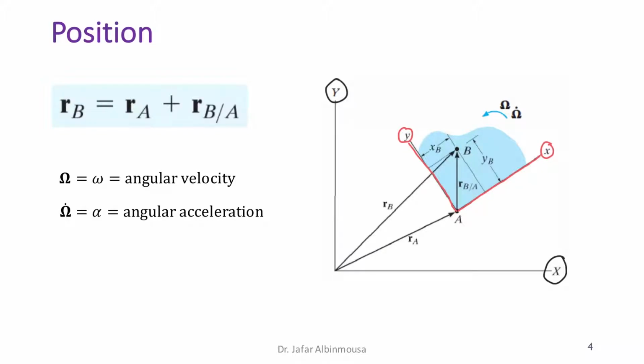Clearly we can write down the absolute position vectors of A and B, which are r_A and r_B.